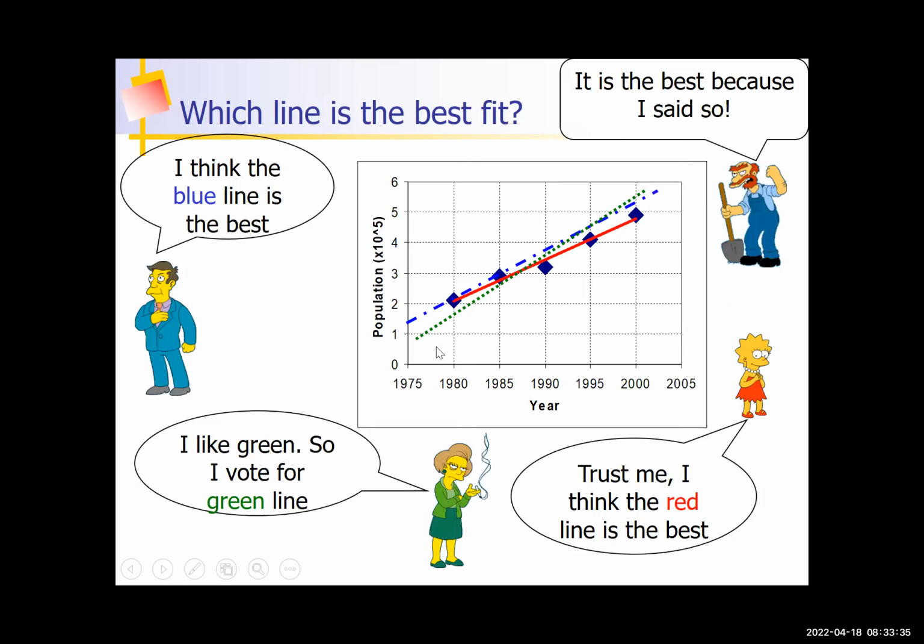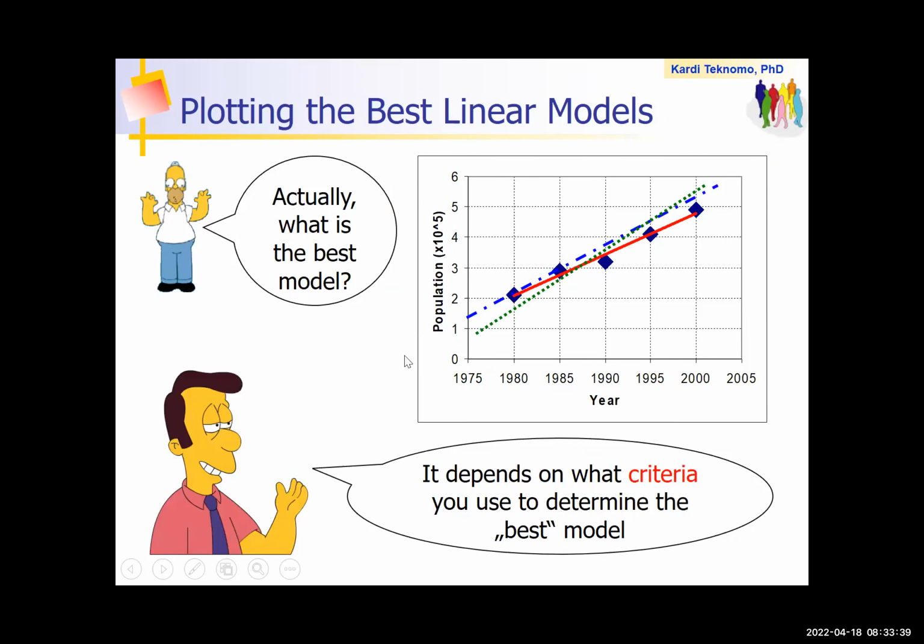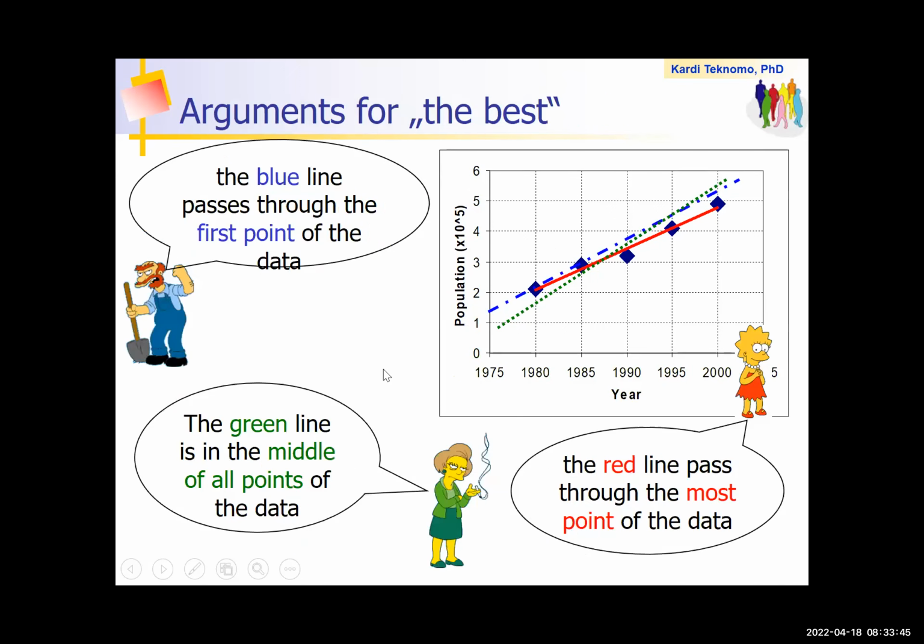So which line is the best? That actually depends on the criteria. What is the meaning of best? Each person can have their own criteria to argue about what is best.